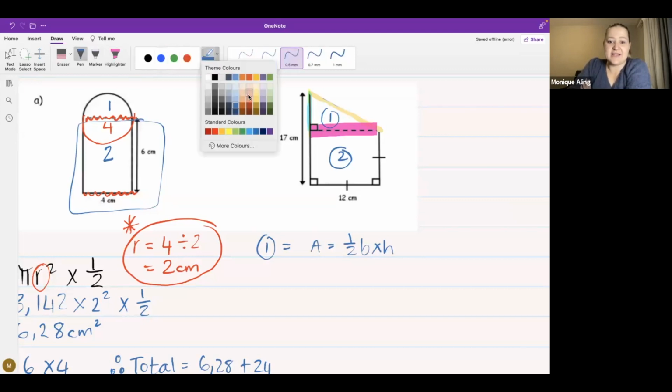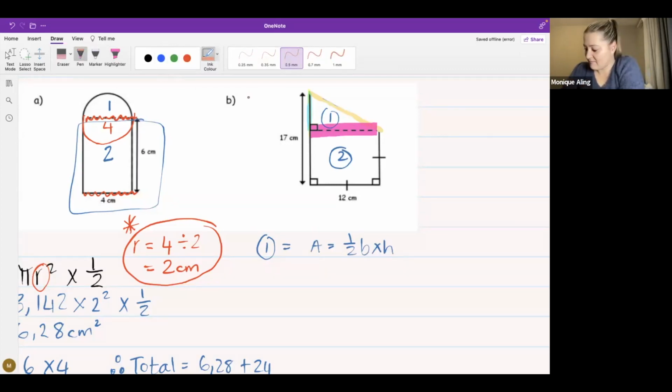So height is 12. And the base of our triangle, we know that from this point to this point is 17. But from this point to this point, it is 12, because we know from here to here is 12. So this extra little bit must be 5.